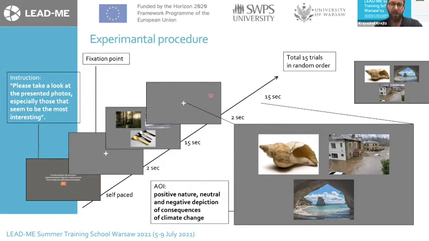The eye tracking study was quite simple. After the instruction, there was a fixation point to make all the participants start looking at the main stimuli from the same point in space, located in the middle. And immediately after the fixation point, the stimulus with three pictures was displayed.